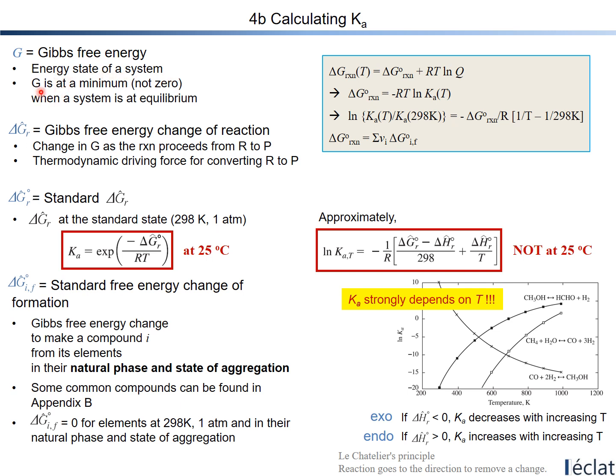The value of G is at a minimum, not 0, when a system is at equilibrium. Then let me think about the Gibbs free energy change of reaction. That is the change in Gibbs free energy as the reaction proceeds from reactant to product. Therefore, this is the thermodynamic driving force for converting the reactant to the product.